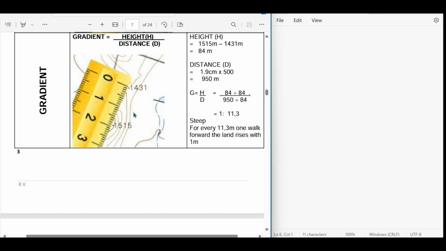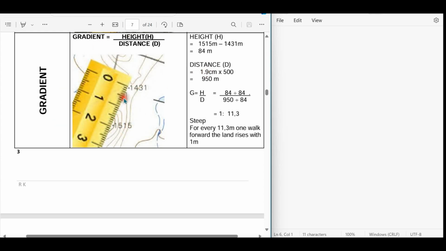Now, the distance is measured by a mathematical ruler or a geographical ruler. The first point, the zero, is where you put your spot height, up until you arrive at the next spot height. And the distance between the spot heights should be in centimeters, since you are using a mathematical ruler.